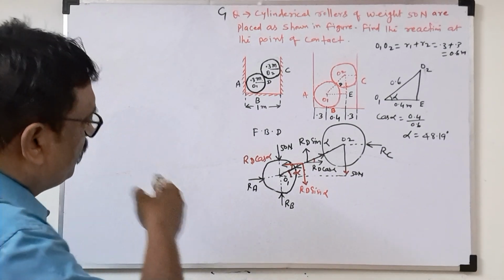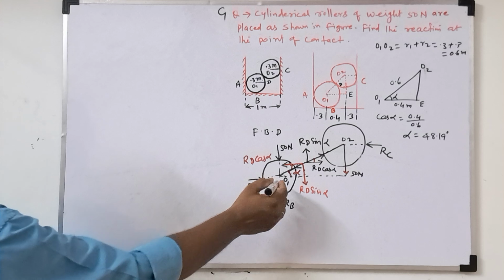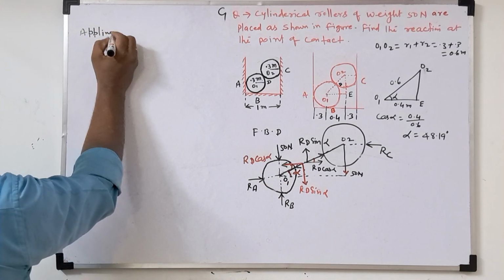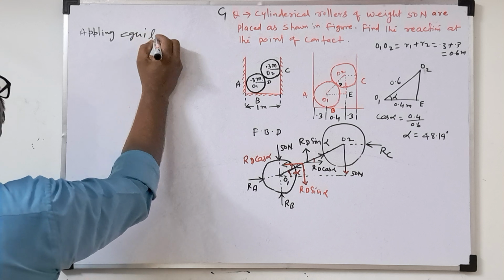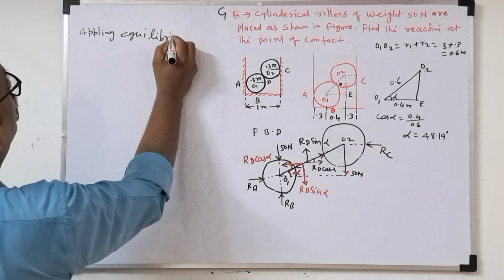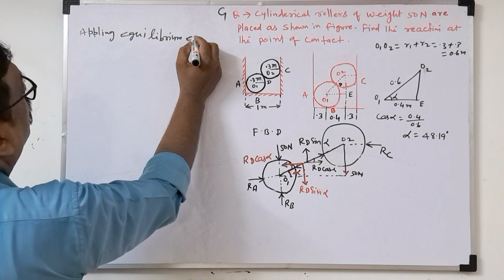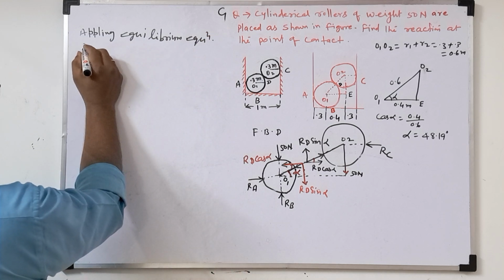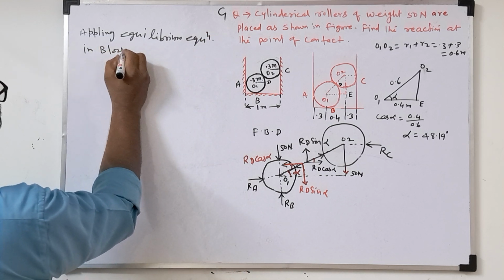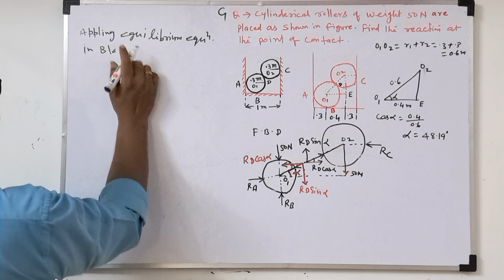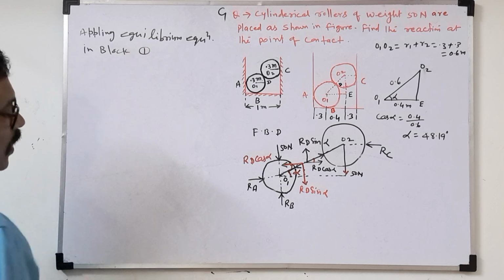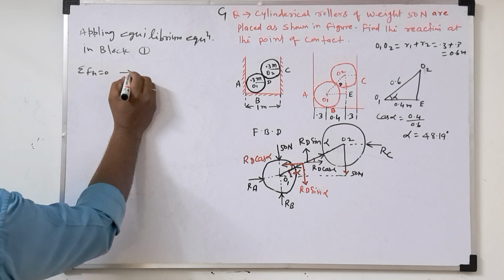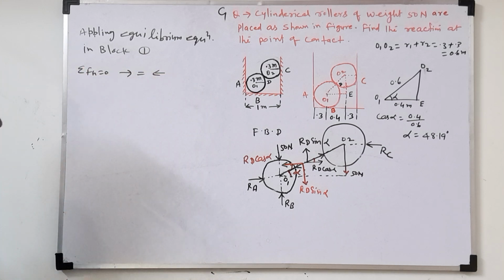So what we'll do here is apply the equilibrium equations at block 1. Sigma Fh equal to 0, that means total leftward force equals total rightward force.